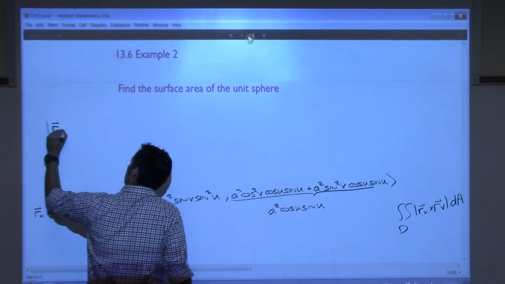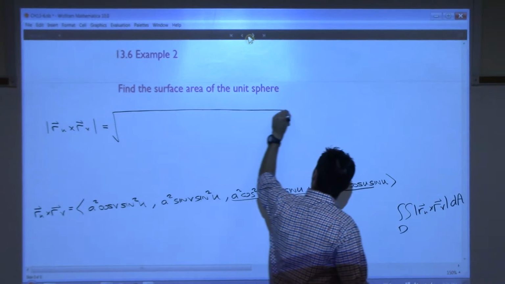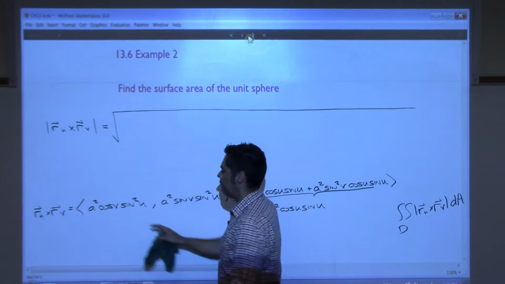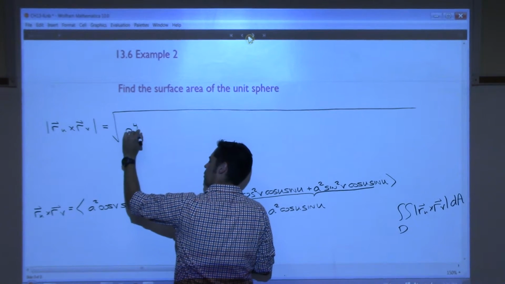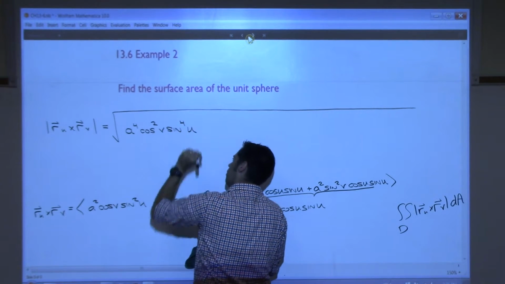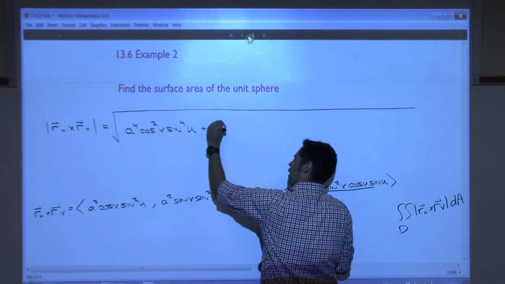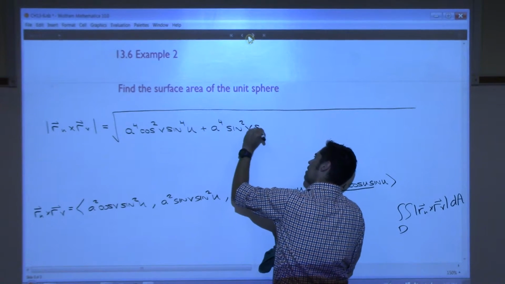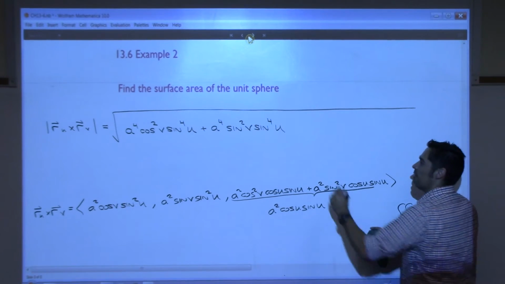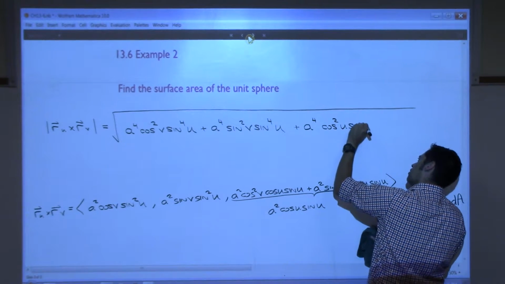The magnitude of this will be the square root of, okay, when I square this, I get a to the 4th cosine squared v sine to the 4th u. When I square this, I get plus a to the 4th sine squared v sine to the 4th u. And then when I square this, I get plus a to the 4th cosine squared u sine squared u.